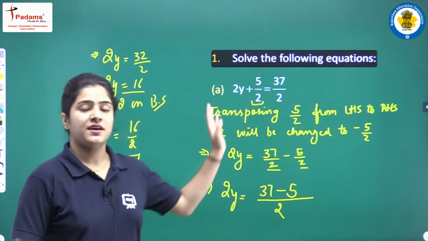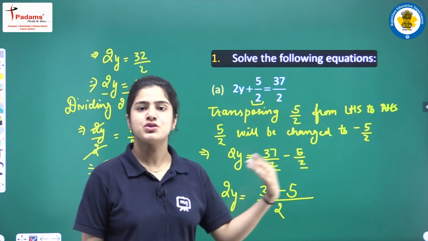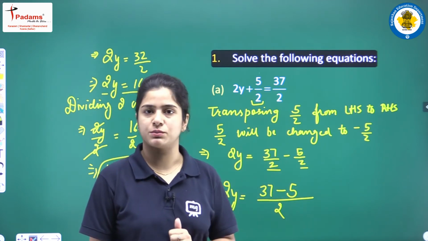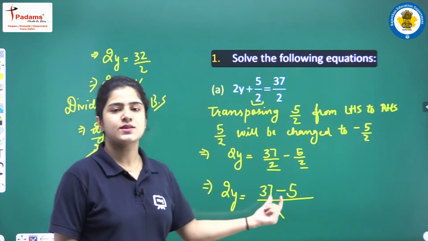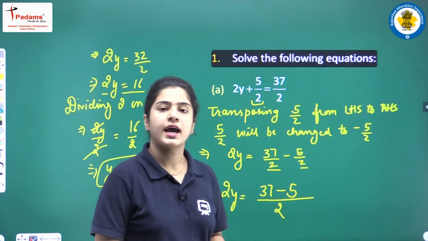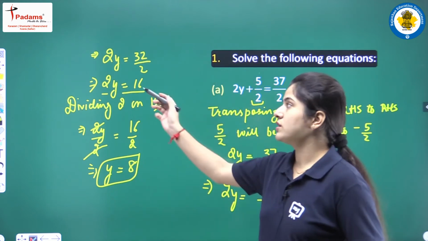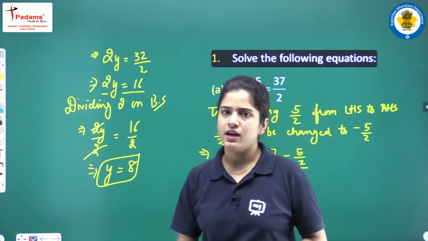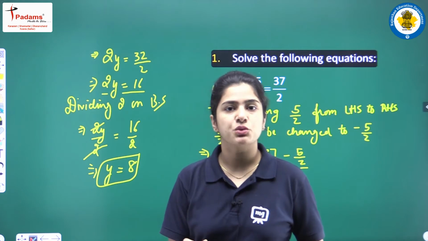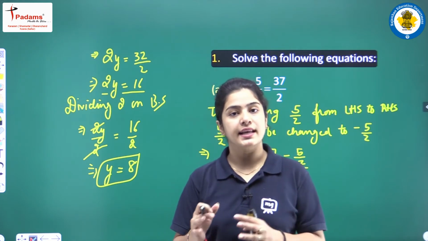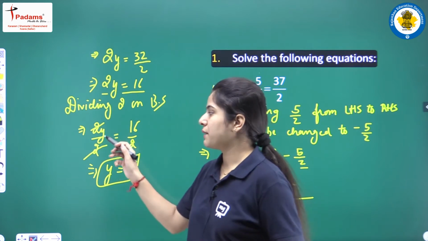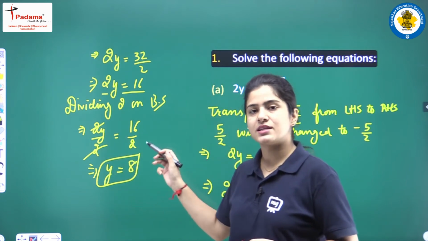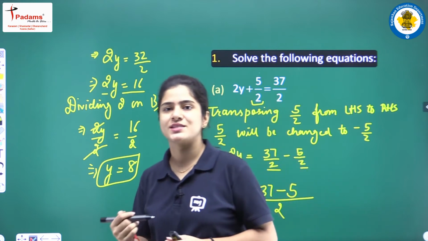What we have done, we have transposed this 5 upon 2 to the right hand side by making it minus 5 upon 2, and by doing this we got 2y is equals to 37 minus 5 upon 2, and then after solving it we got 2y is equals to 16. Now 2 is in multiplication with the variable, so to eliminate the 2, you have to divide by 2 on both sides. So 2y upon 2 is equals to 16 upon 2, that is y is equals to 8.